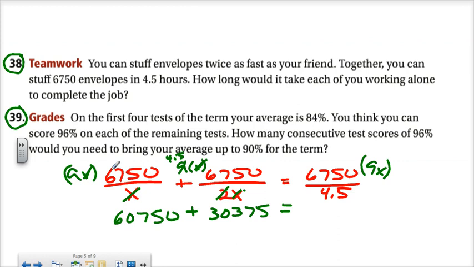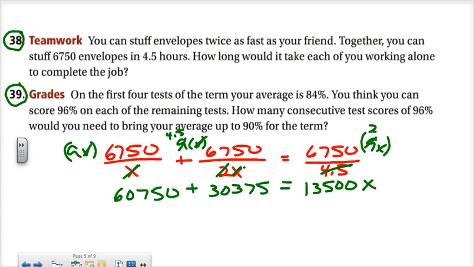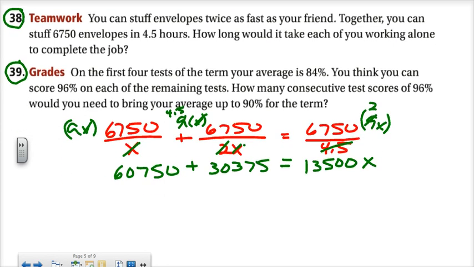And over here on the other side, the 4.5 goes into the 9 twice. So we need 6,750 times 2, which is 13,500x. Well, let's see what happens here. We have 60,750 plus 30,375. 91,125 equals 13,500x.